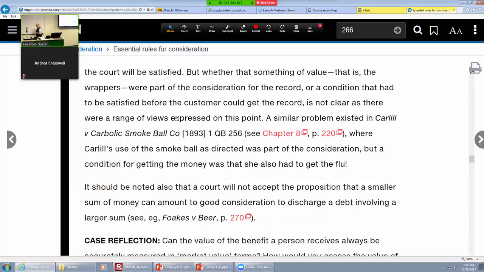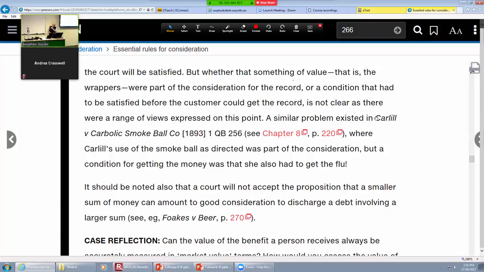So when you go and read the case, you'll find that some people said actually it's not part of the consideration, it has to be part of the condition for you to be able to get the record. So it doesn't actually form consideration, it's like a condition precedent. Before you get this contract and the promises between us, you have to buy those 3 chocolate bars.